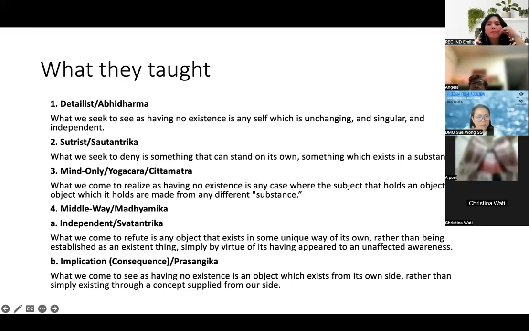You will be able to understand the different gacha of different schools, so that when you realize the absence of the gacha, you go into the emptiness, the direct perception of emptiness according to that particular school. Or I think we should change the term. It's not direct perception of emptiness. It has to be direct perception of absence of the gacha. Wow, complicated, huh, Emil?